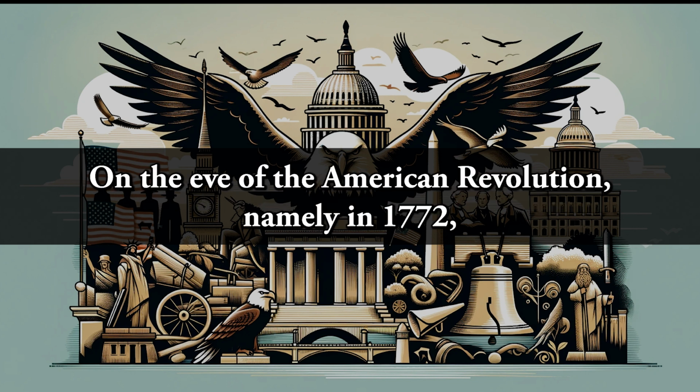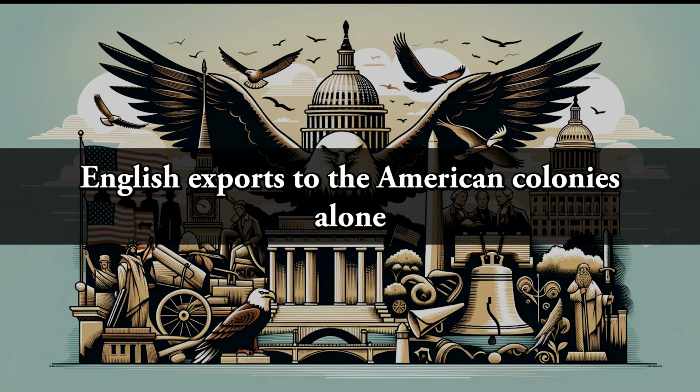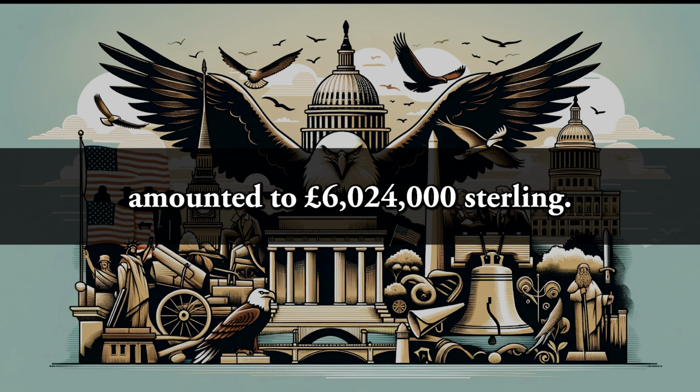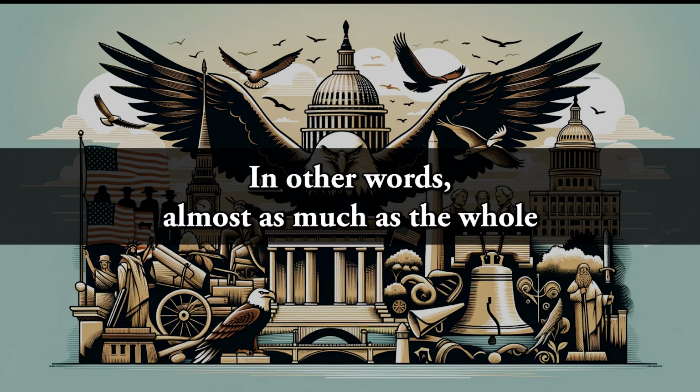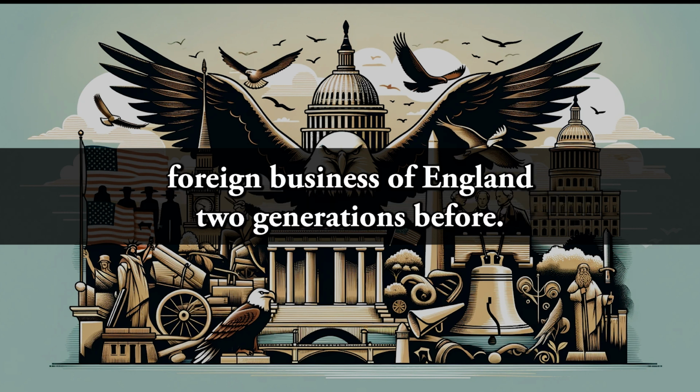On the eve of the American Revolution, namely in 1772, English exports to the American colonies alone amounted to £6,024,000 sterling; in other words, almost as much as the whole foreign business of England 2 generations before.